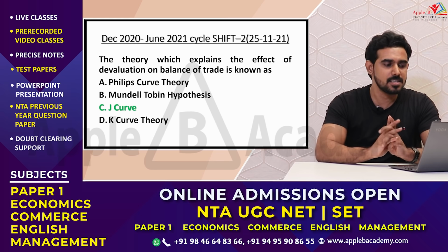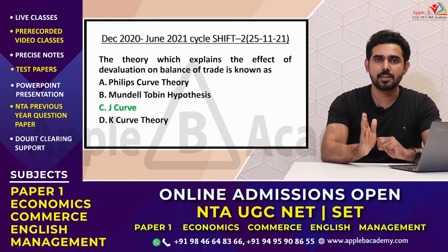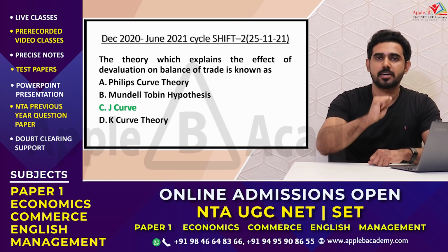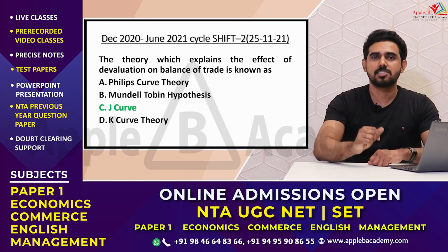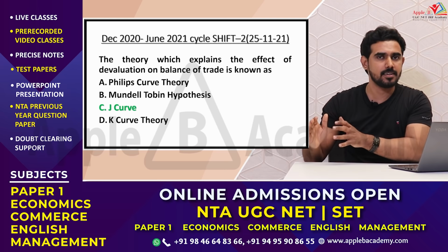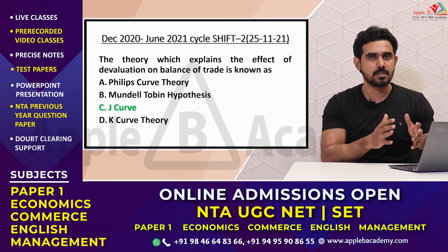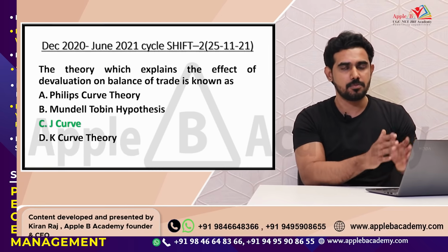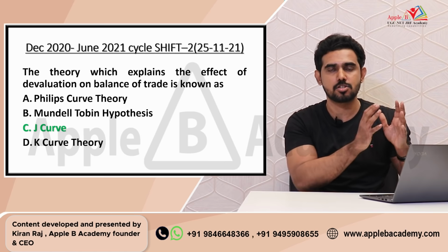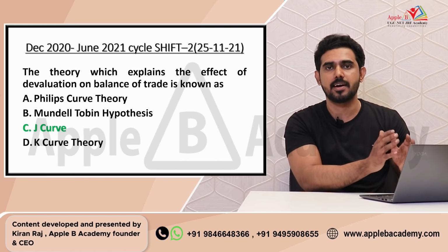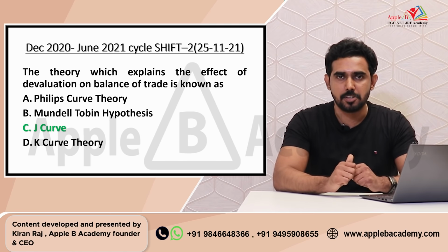So here the answer is J curve, but the direct option is the Marshall-Lerner condition. So see, everything is indirect here. The question appeared indirectly, a blend of fixed exchange rate system, devaluation and international trade theory. That's the blend. Directly, there is no J curve effect or Marshall-Lerner condition in our syllabus. Am I right?